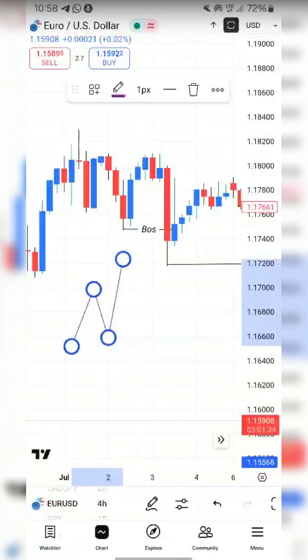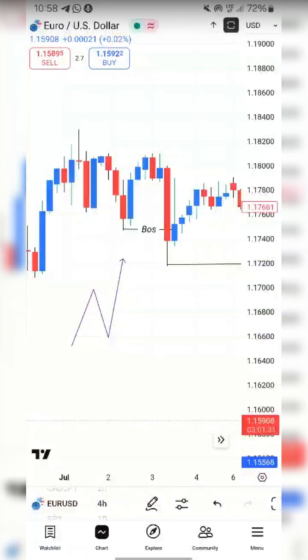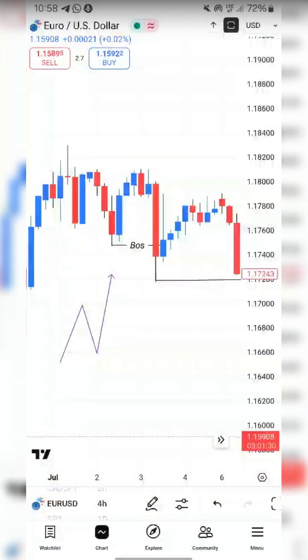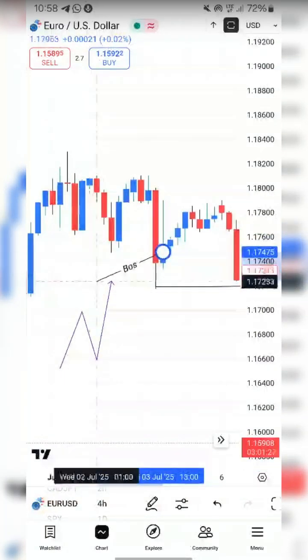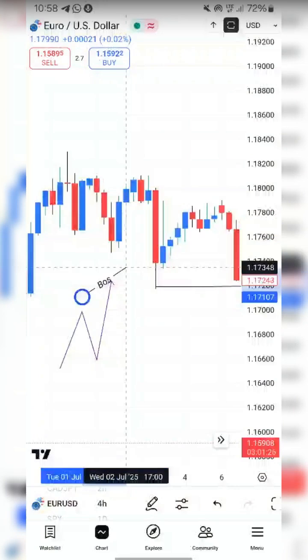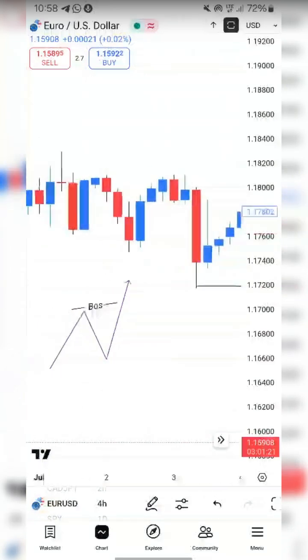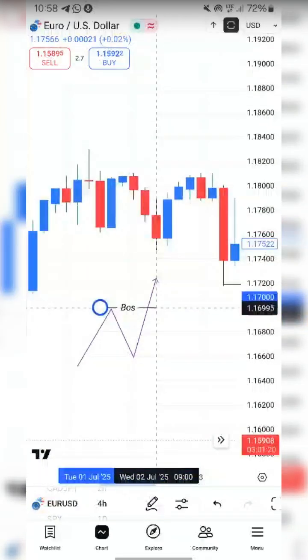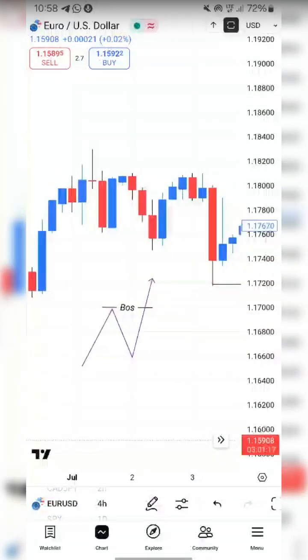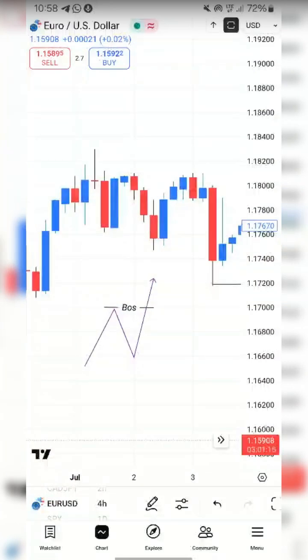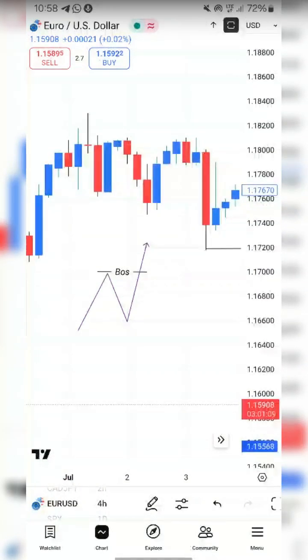This up point. Let me mark it out again. This particular point, you want to see that the price is breaking above this one. That's for uptrend. You want to see it above. Therefore, for downtrend, you want to see it below. You understand?